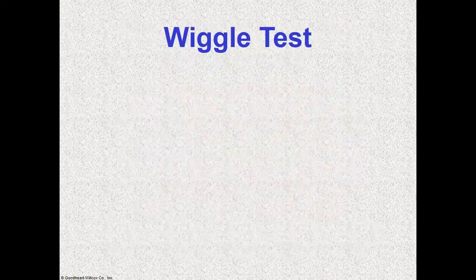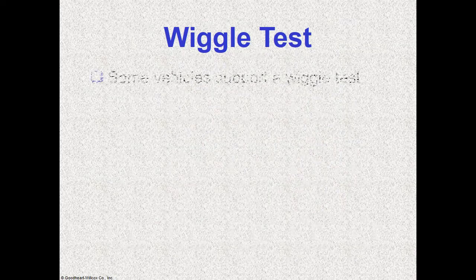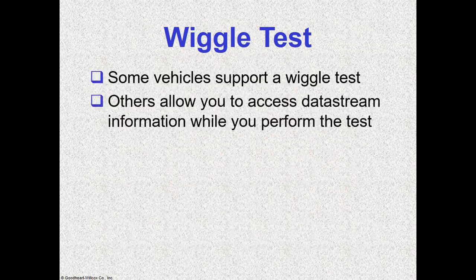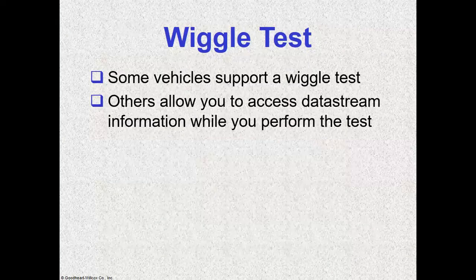Now we have our wiggle test. We use that to check if we have a break in the wire. Some vehicles support a wiggle test; others allow you to access data stream information while you perform the test.